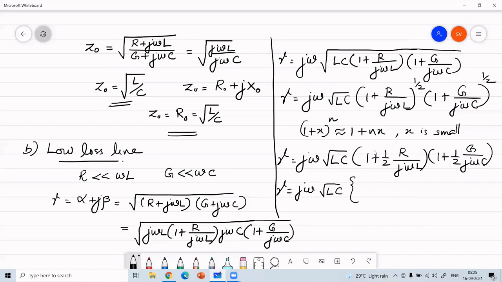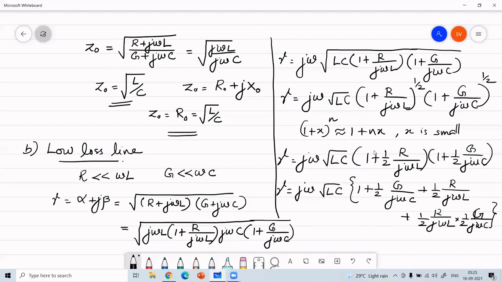So 1 is multiplied with 1 and half G by j omega C, so 1 plus half into G by j omega C. Then I multiply with this term, plus half into R by j omega L plus half R by j omega L into half G by j omega C. See, the last term is so small because we have already assumed that R is very much less than omega L and G is very much less than omega C. So this last term can be neglected.